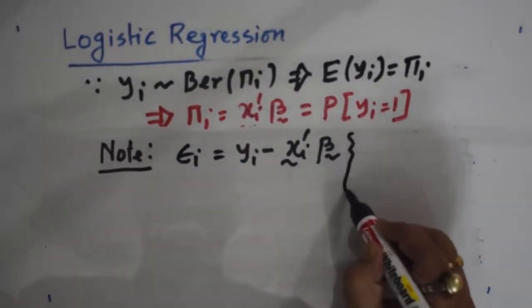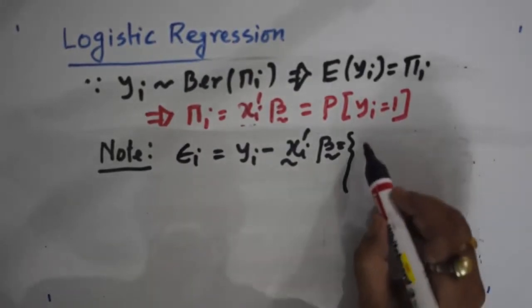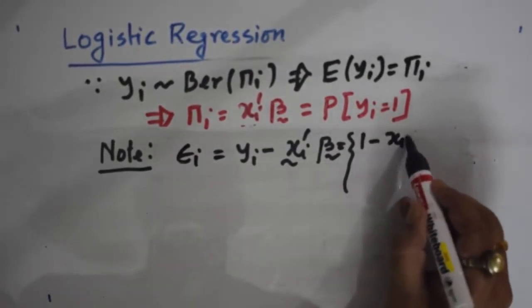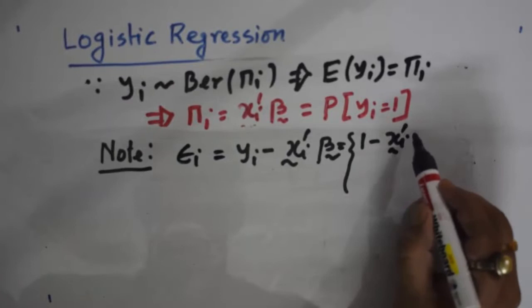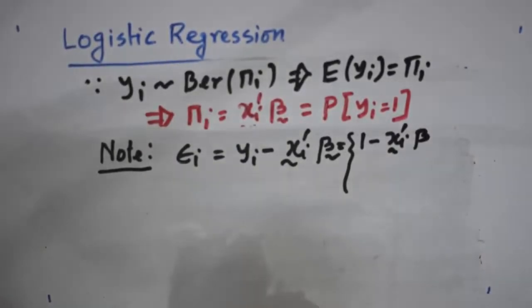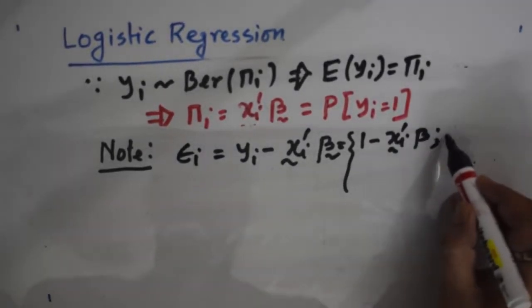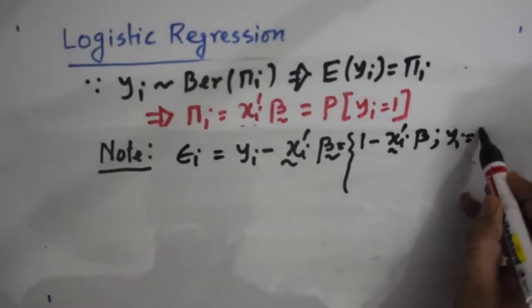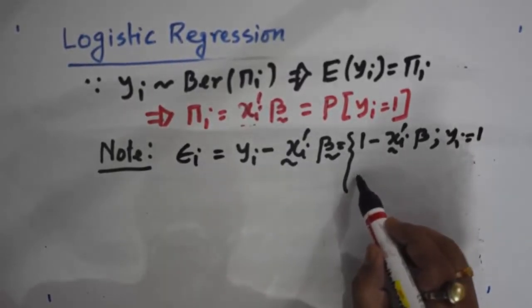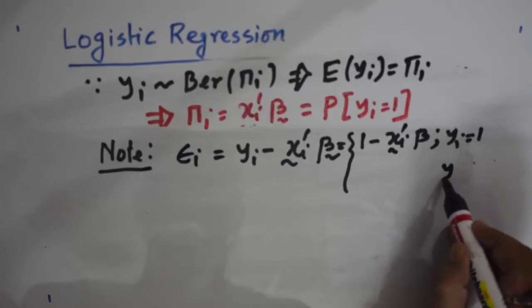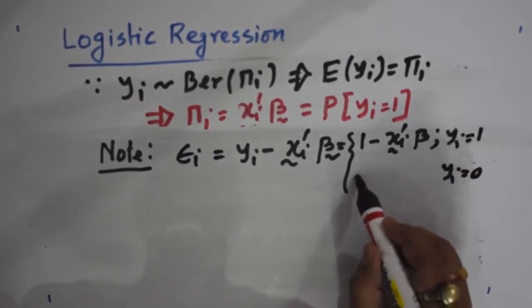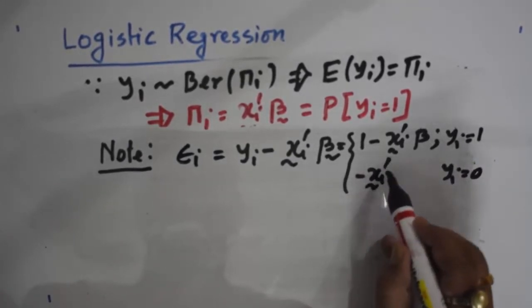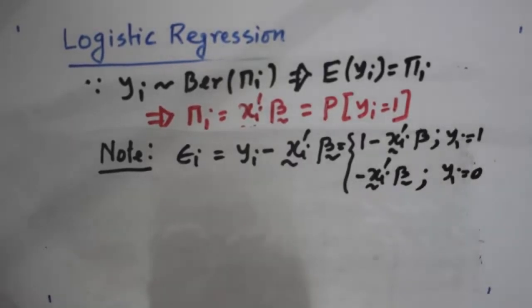So this is equal to 1 minus xi curl prime beta curl when yi equal to 1, and when yi equal to 0, then this is equal to minus xi curl prime beta curl.